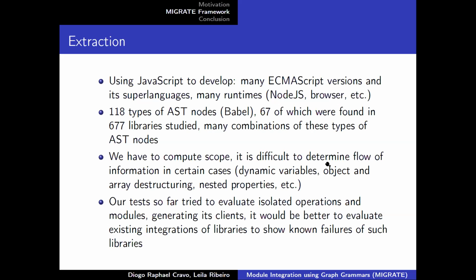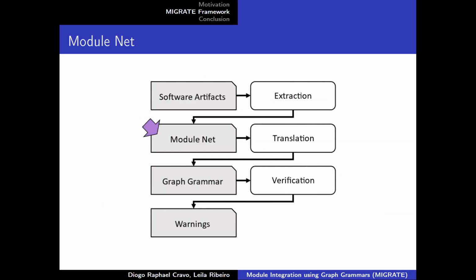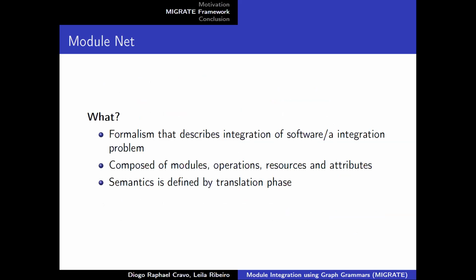It's essential for MIGRATE, and some language features make it even more difficult to compute those things. So really, this is just to say that the extraction procedure isn't ready yet, but it's a must for MIGRATE if you want to do this in a fully automated way. So the next step is the module net. The module net is a formalism that describes how software integrates to one another, and it's composed of modules, operations, resources, and attributes.